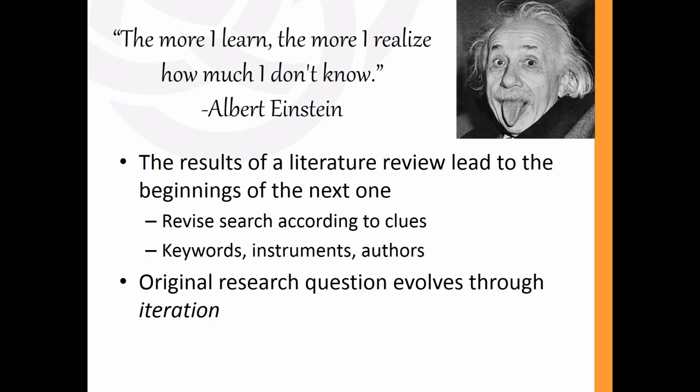Like if you're interested in something like depression, there may be instruments that are used to analyze aspects of depression that you may not have been familiar with before. You can search for those and see if those can help you understand whether your research question has been addressed before. And also authors who reappear time and time again. If you start to see names reappear, it's a pretty good guess that it's important to read their work.